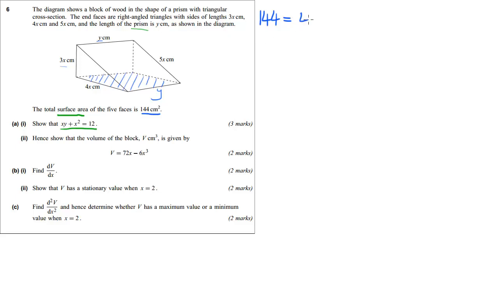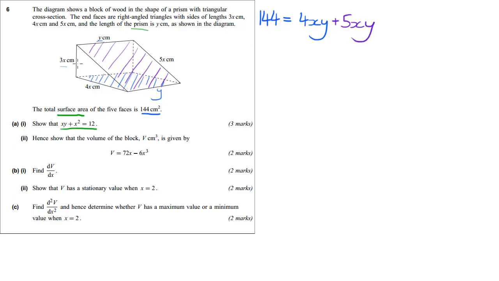So we've got 4xy for that bottom one, and then I'm going to move onto this top angled surface across here, this purple one, and I'm going to say that is y times by 5x. That's just a rectangle, so plus 5xy.